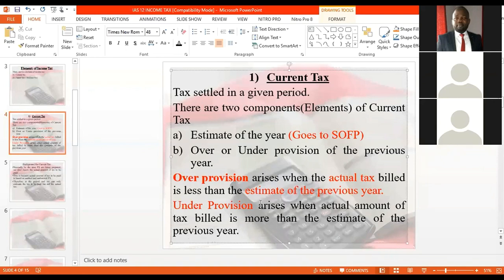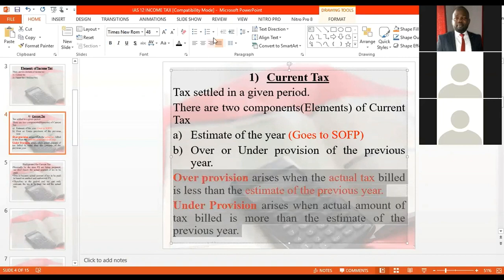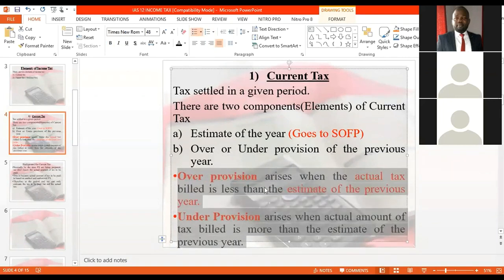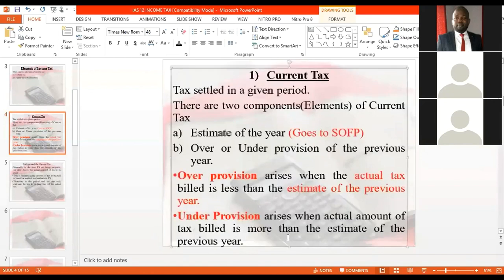How will you be comfortable if you understand these 2 points? Please take note of these. It will cause the difference between understanding tax and not understanding tax. So when do we have over provision? Over provision arises when the actual tax billed is less than the estimate of the previous what?